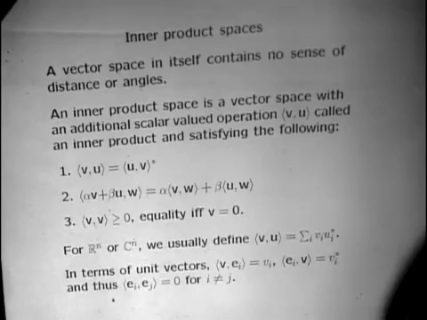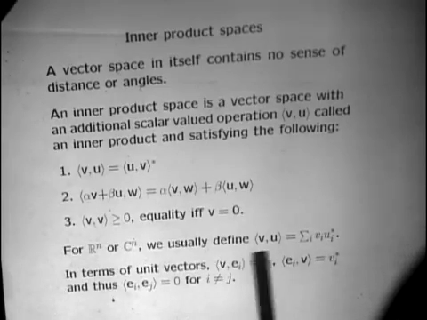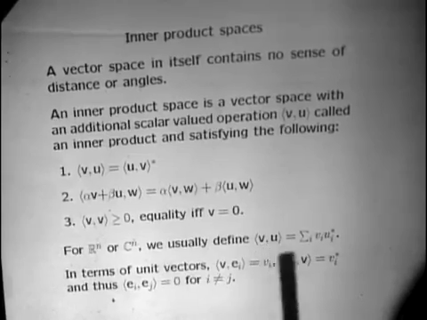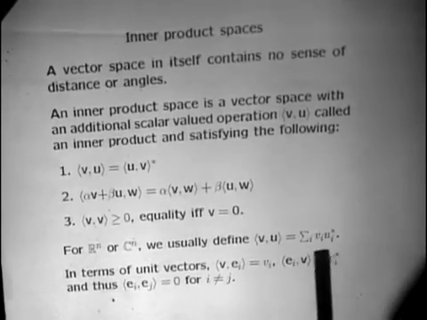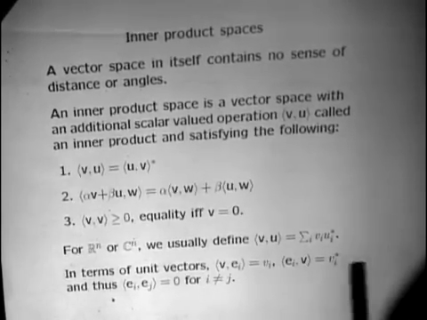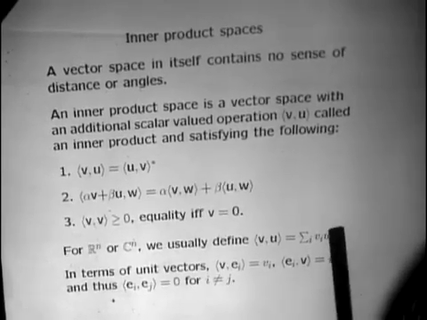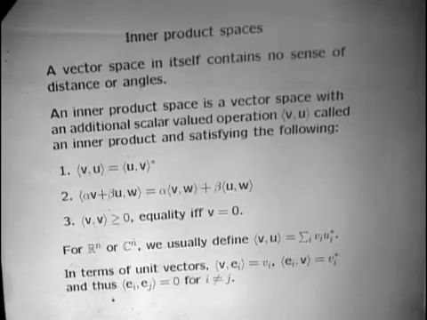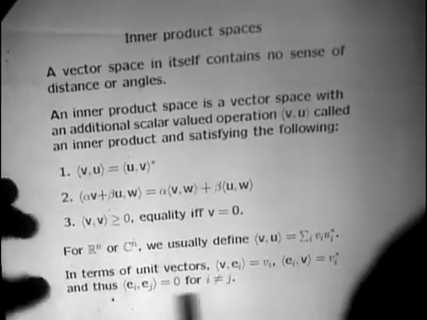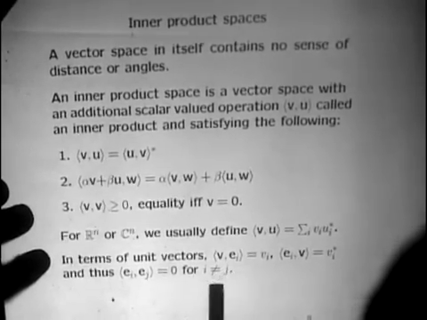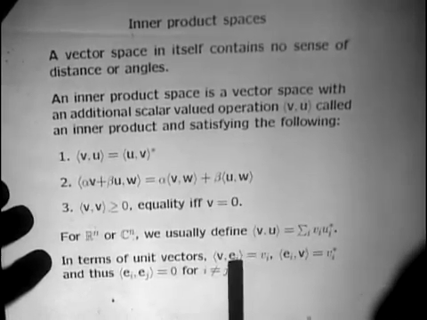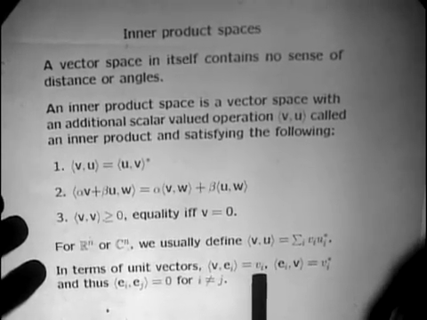If you're dealing with Rn or Cn, almost always you define the inner product of V and U as the sum of the components with the second component complex conjugated. This is just a standard thing that we do all the time. When we do this and we use unit vectors, the inner product of V with the ith unit vector is just V sub i.